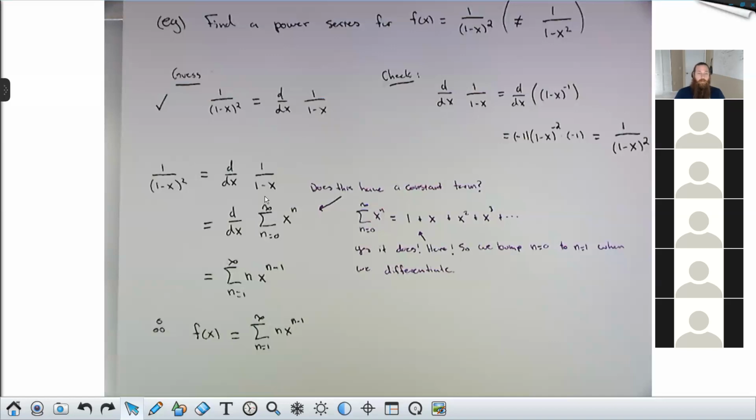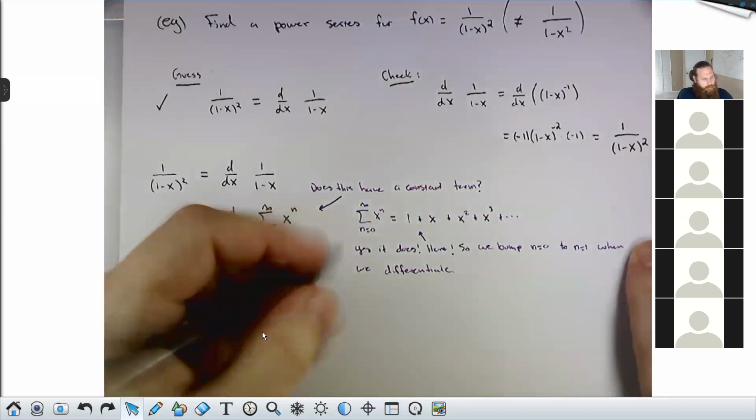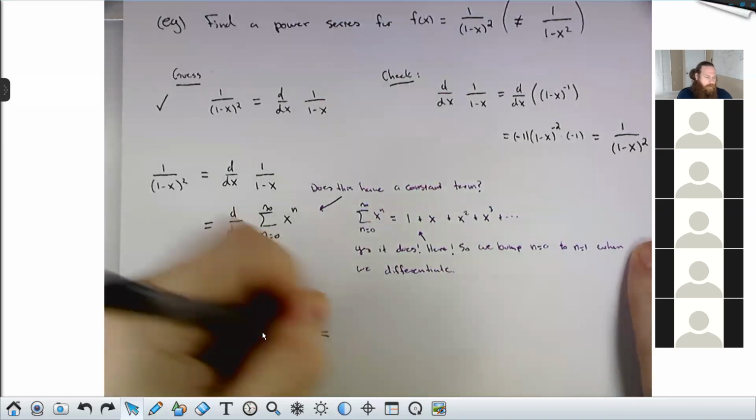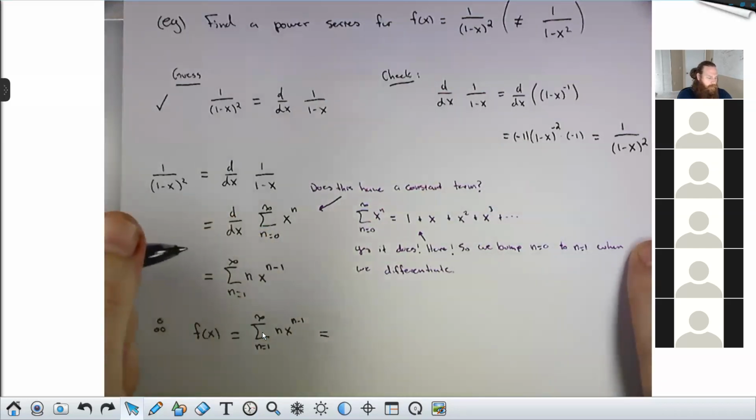Okay. You probably noticed last week as you were working on the homework that all of your answers have the capital sigma written for you. And a lot of the times they have the starting index set for you. You don't get to choose it as 0. So if I wanted to rewrite this as sigma n from 0 to infinity of something, I would do that by writing out the terms and then trying to collapse back into sigma notation.